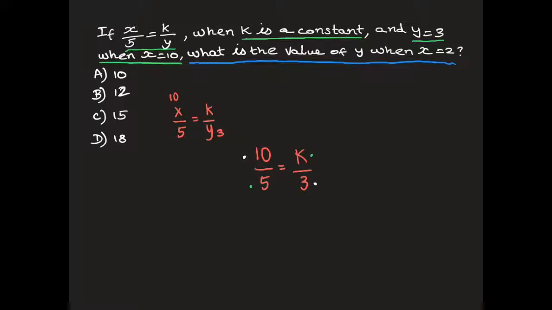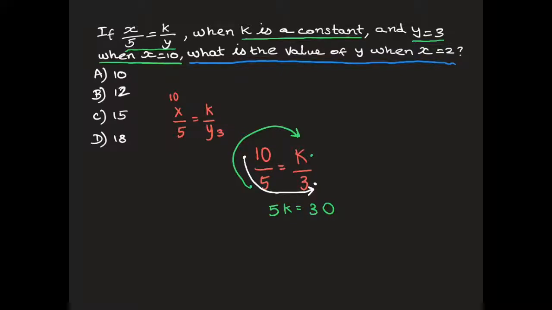So 10 times 3 is 30, and 5 times k is 5k. That means 5k is equal to 30. That is our equation when we multiply across, and this is called cross multiplication.